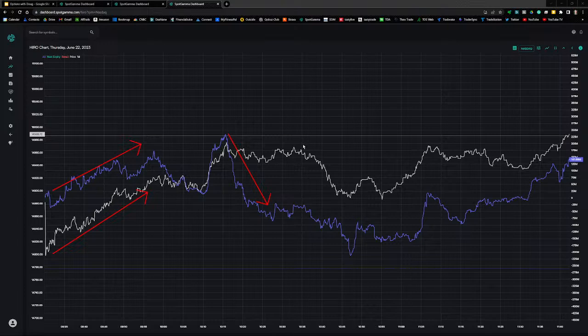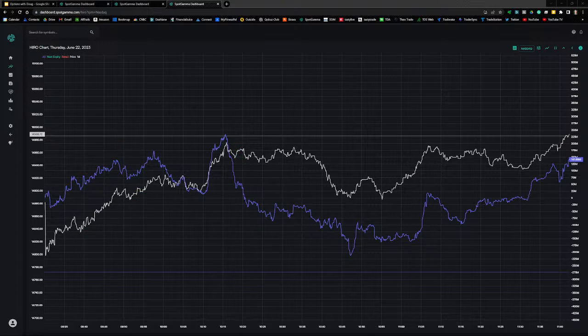And then price followed, and there was a break below the 364 QQQ volatility trigger, and that was good for, I don't know, 50, 60 points or so in the NASDAQ.